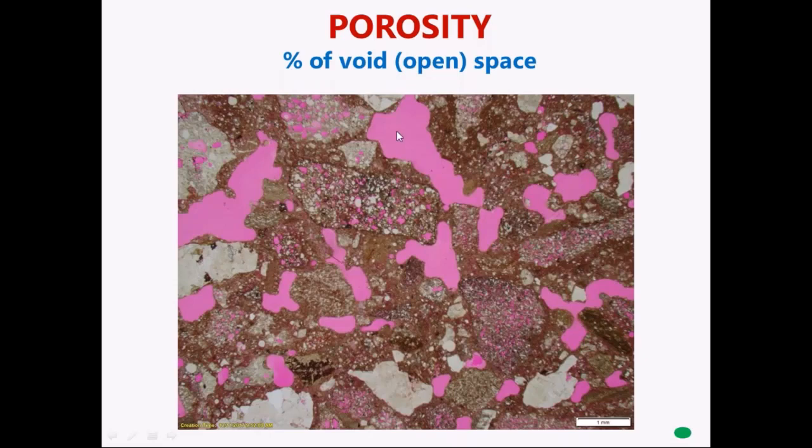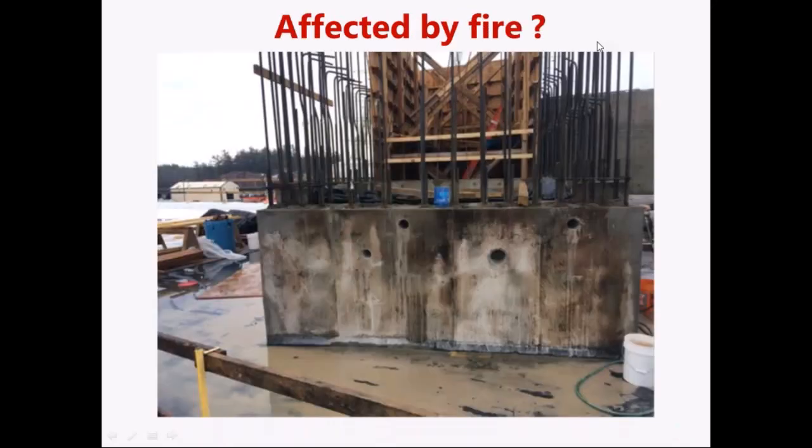Under the microscope, making a thin section of this material, we can see the pink spaces in between the paste. They're the aggregates, and the aggregates themselves have porosity to them. My microscopes here have the ability to calculate what the percentage of open space is, either in an aggregate particle or in that entire field of view. And that's, again, data that we can report to the client.